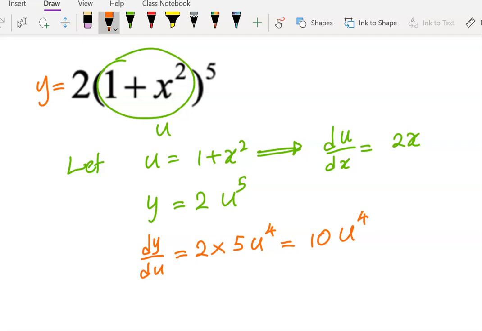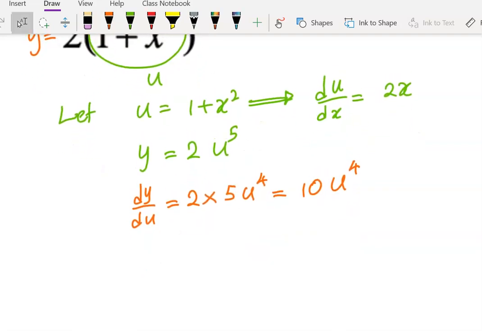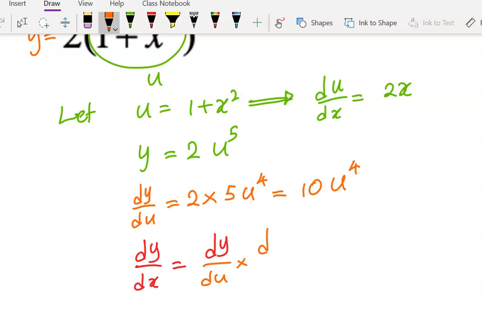Mind you, this u is in fact 1 plus x squared. I'm going to apply the chain rule, which is dy by dx is equal to dy by du times du by dx. Well, I have these quantities.